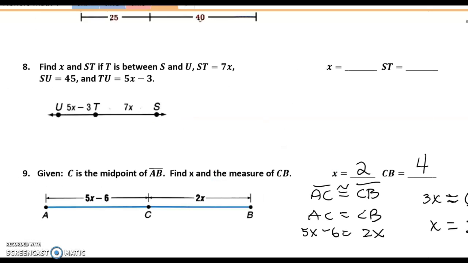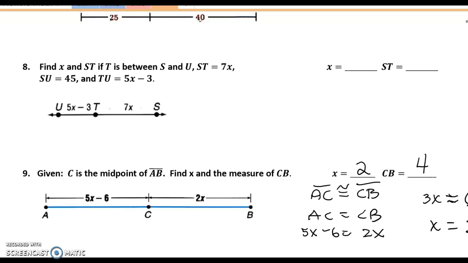Okay, I want to go back to example number 8. And I want to see what you can do here to solve for x and find the length of ST using the given information. We want to make sure we're careful in interpreting information that's given.